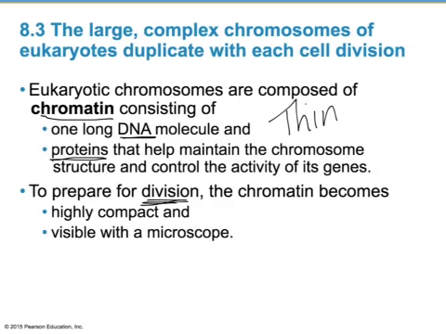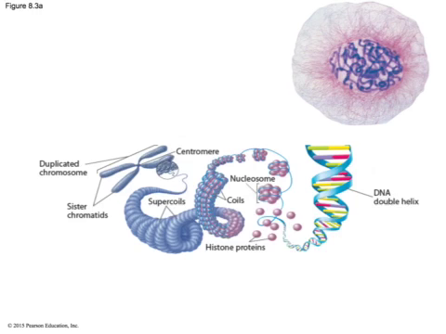Like when you're moving your house, you would put things into boxes so that it's easier to move. The same thing goes for the cell. It's going to take this thin chromatin and pack it all together, nice and condensed and compacted, so much so that we can actually see it under the microscope. So here are some lovely pictures.